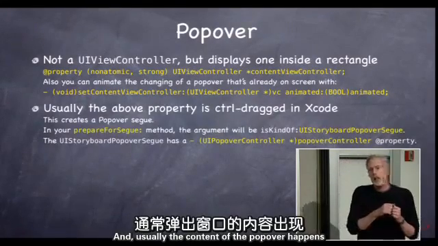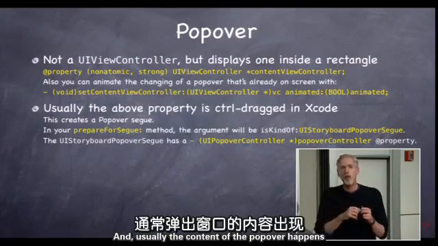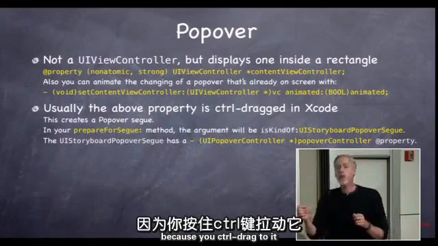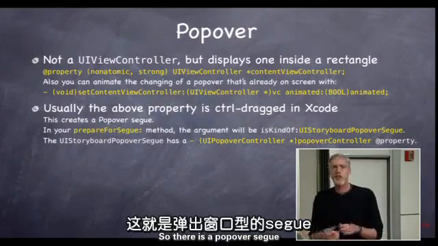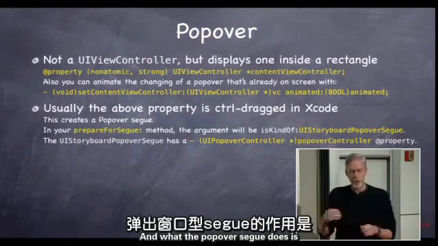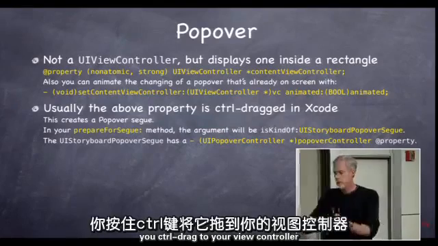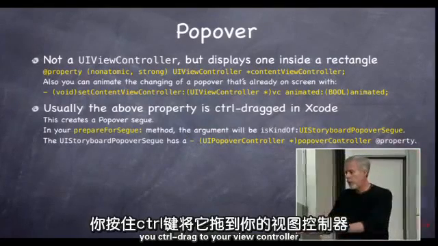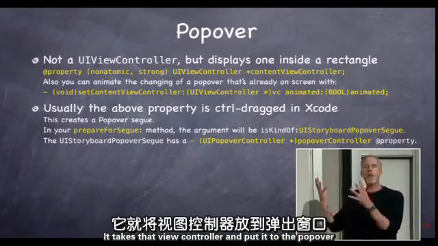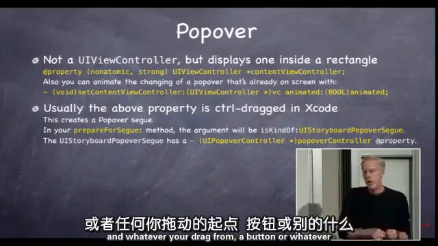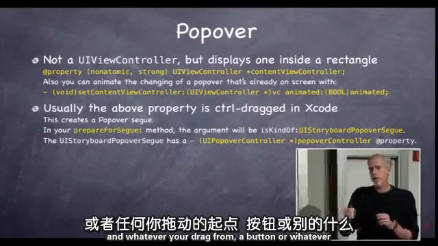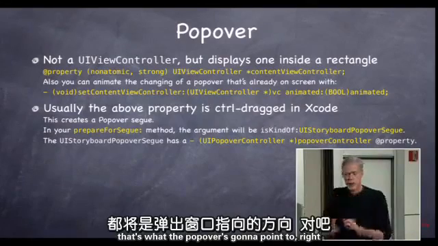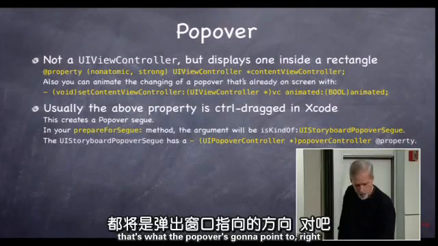And usually the contents of a popover appear because you control drag to it and there's a segue. Okay? So there's a popover segue. What the popover segue does is you control drag it to a view controller, it takes that view controller and puts it in a popover. And whatever you dragged from, a button or whatever, that's what the popover is going to point to.